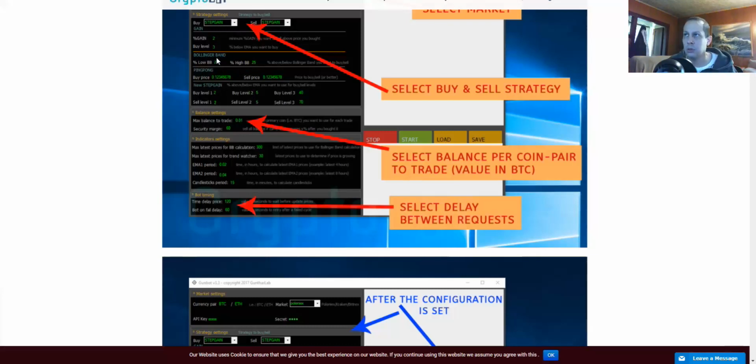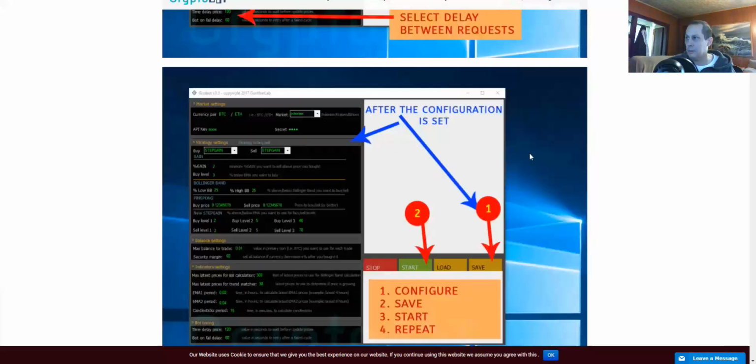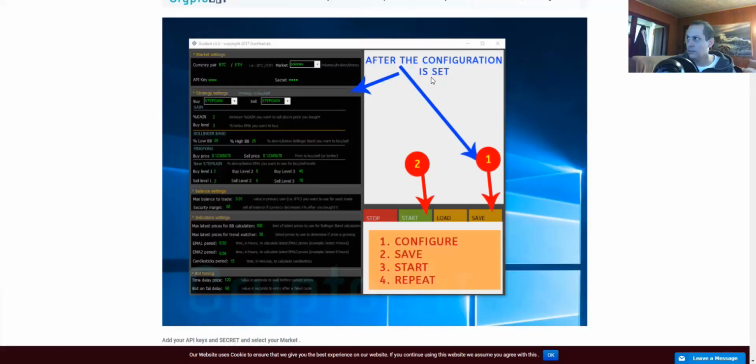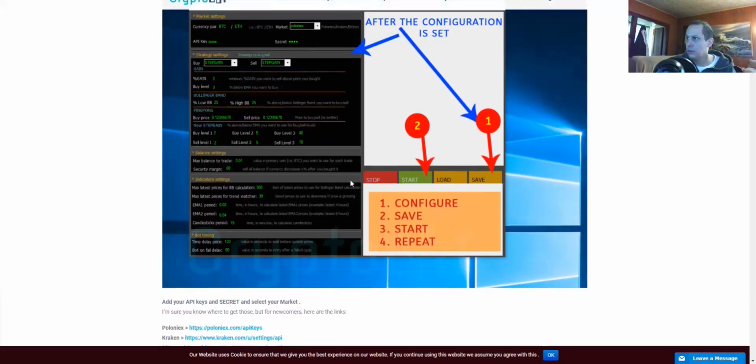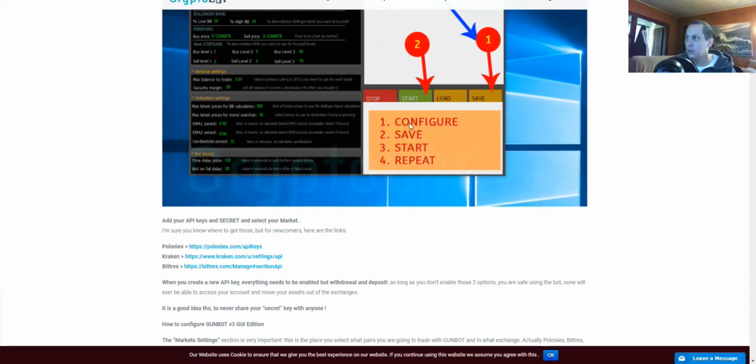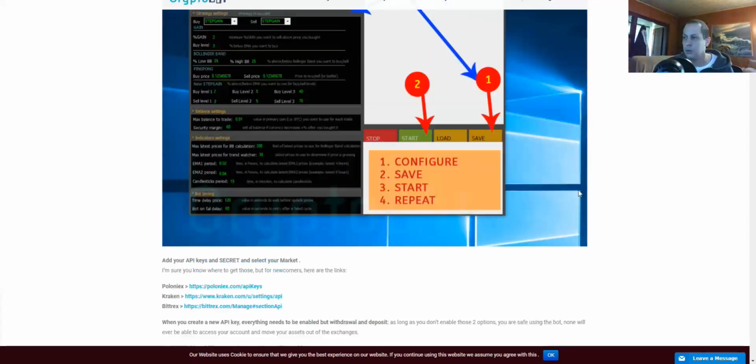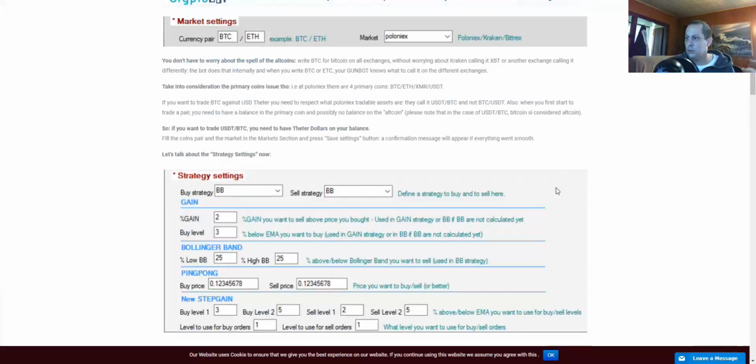Configure, save, start, repeat. Make sure if you change anything you hit save. A lot of good stuff here, guys. I'll do a video where I break this down more, but just kind of pointing you in the right direction. Here's how the bands work.